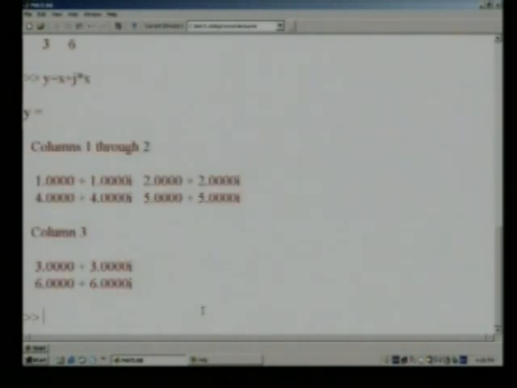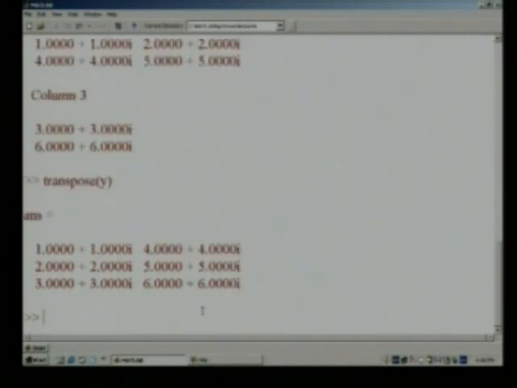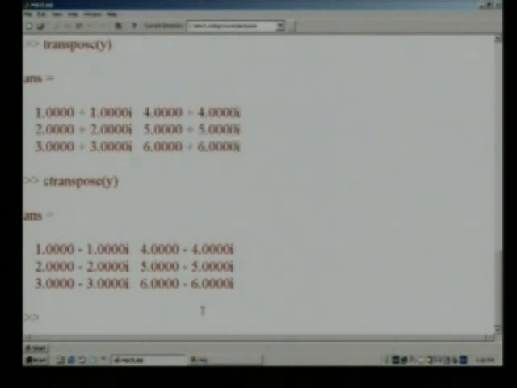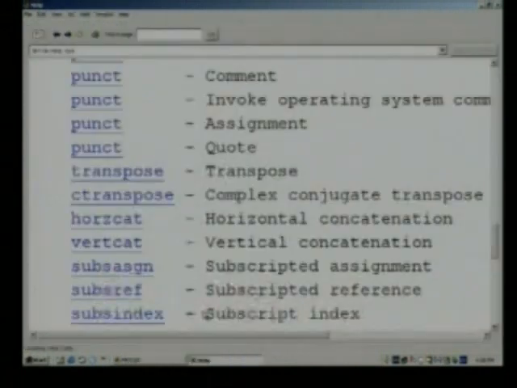So this is x plus j, this is another. If I write transpose of y, you will find the elements will not be conjugated. But if I write C transpose, it will be conjugated and transposed. So one was dot transpose, that is transpose, and this was simply C transpose. They are the same thing, but written like this.